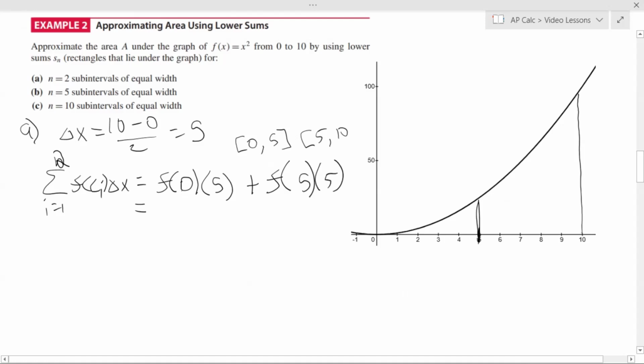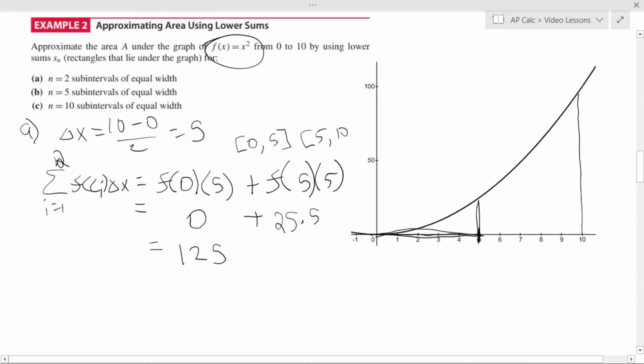Now, f of 0, remember we're using x squared, is just 0. So this ends up being 0. And that f of 5 is 25. So 25 times 5. And then we end up with 125.